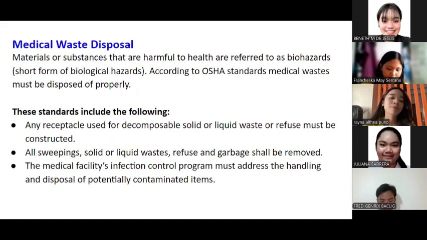Medical waste disposal. Materials or substances that are harmful to health are referred to as biohazards, short form of biological hazards. According to OSHA standards, medical waste must be disposed of properly.